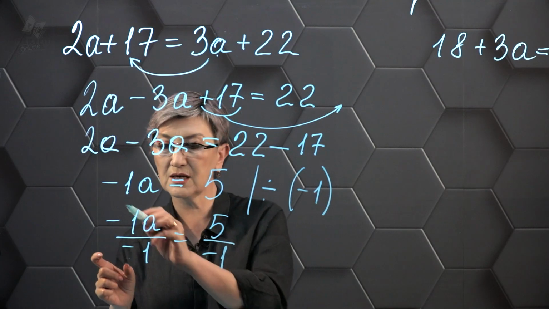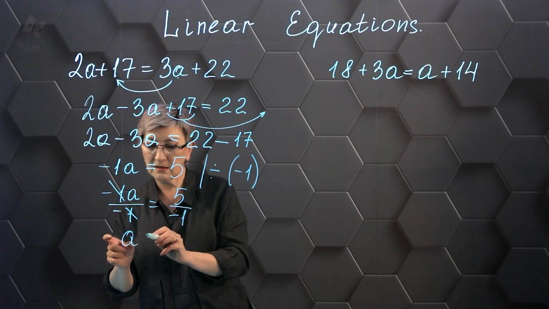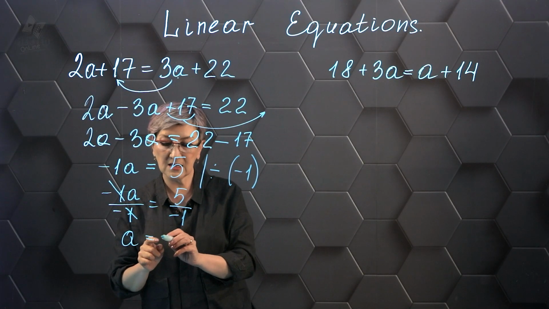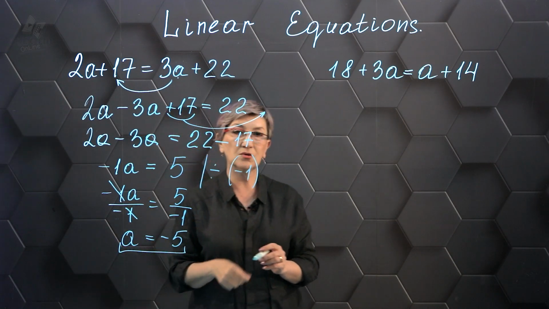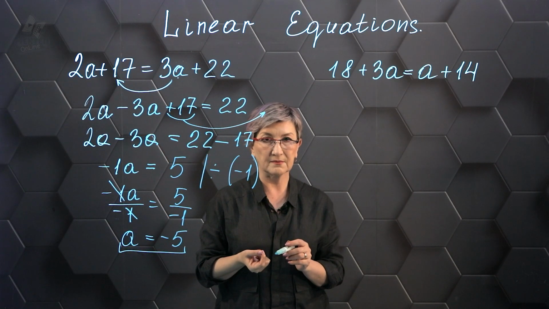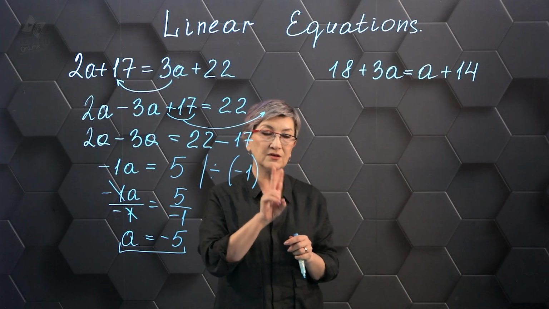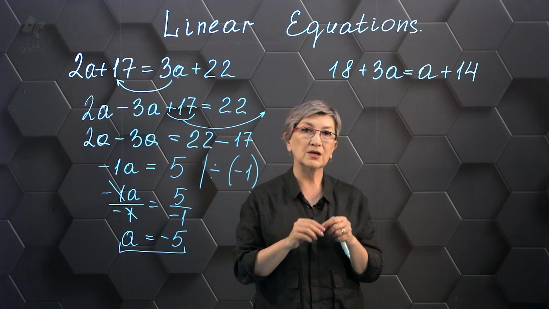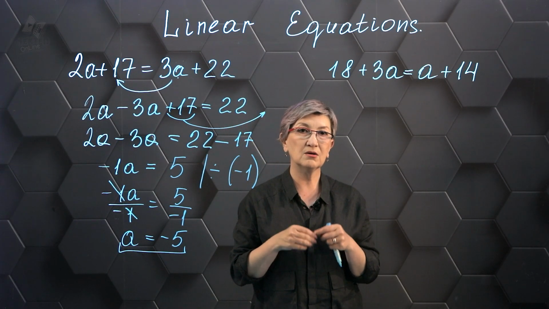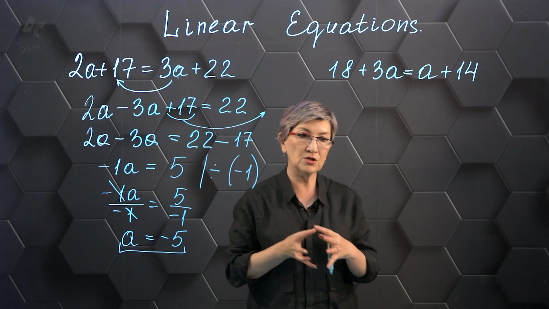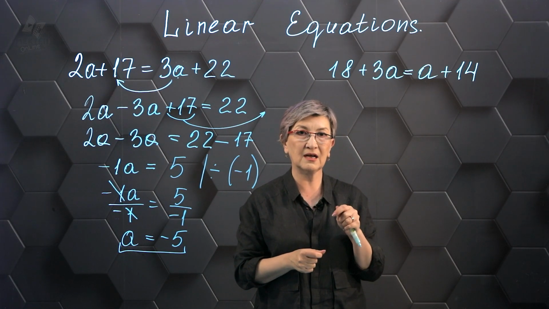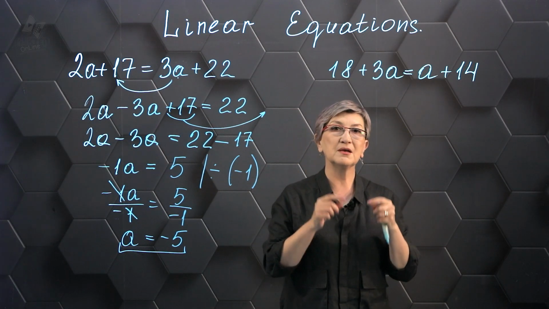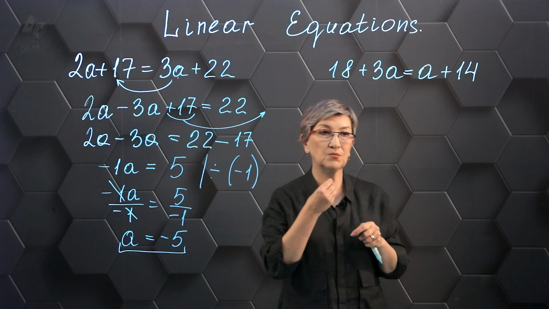And the result is a equals. 5 divided by -1 is -5. The answer is a equals -5. These are the two main rules that we use when solving equations. We move the summands around, but always divide by the quotient. Let's solve the second equation and use these two rules.